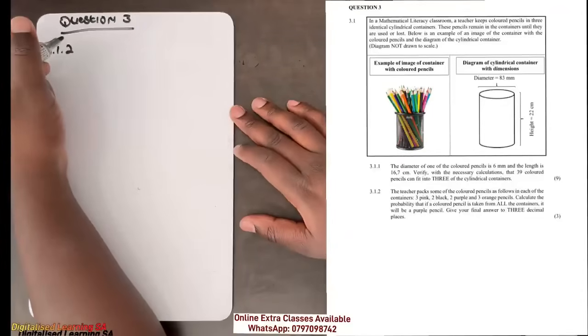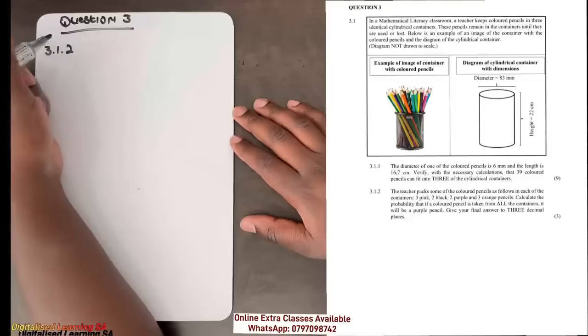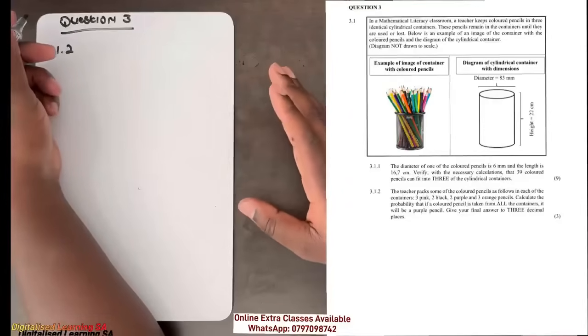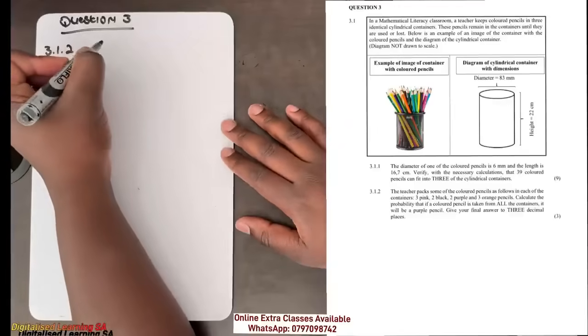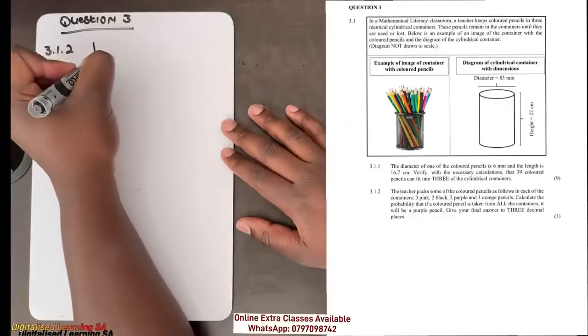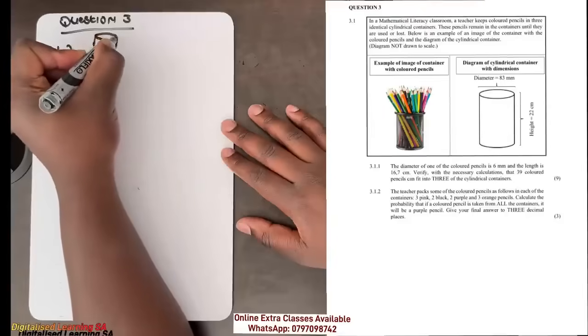3.1.2. So question 3.1.2 says that the teacher packs some of the colored pencils as follows in each of the containers, meaning that this is packed in those 3 containers. Okay, so we know that we have 3 cylindrical containers.